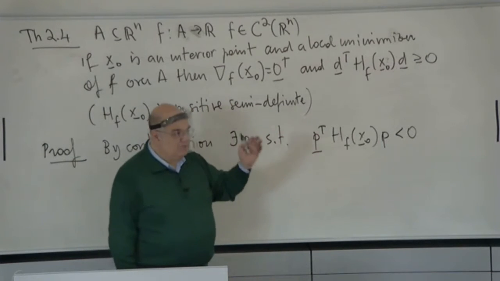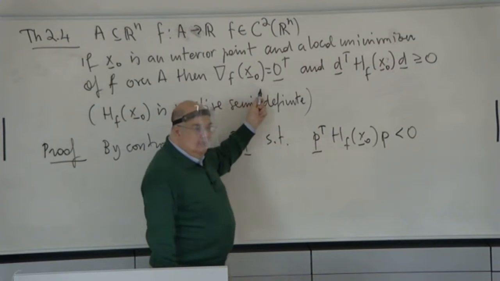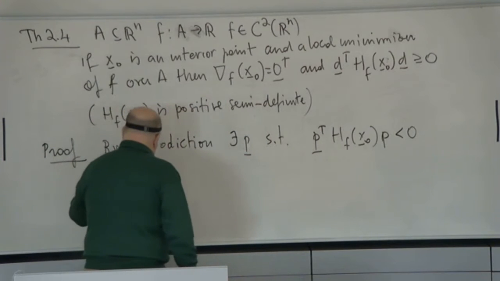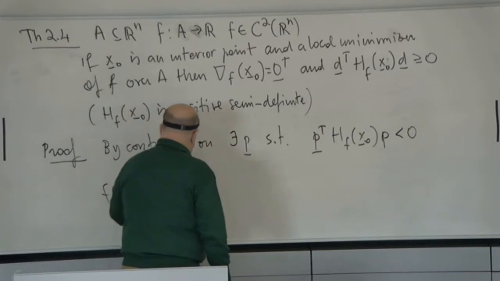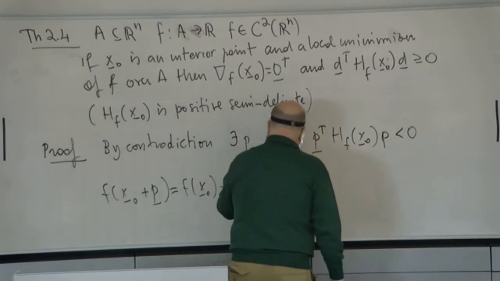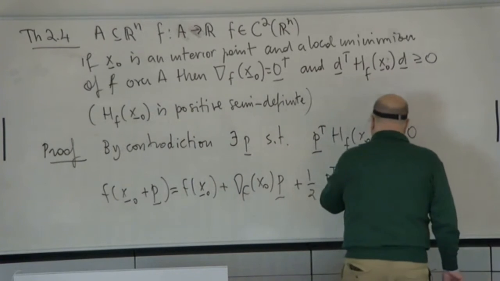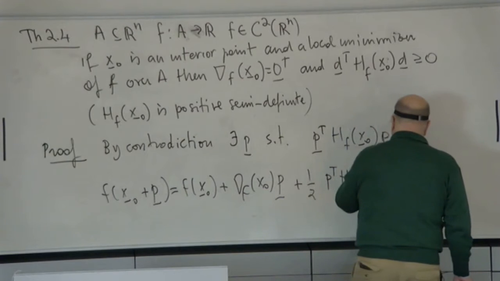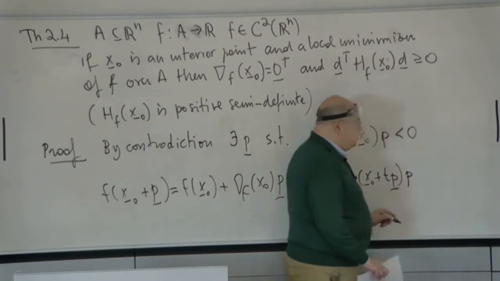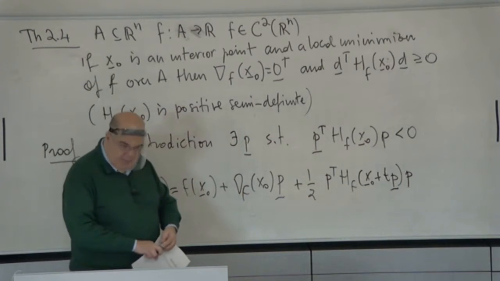So you write the expansion: the first term in the expansion is 0, so you don't consider it, and so you are left with f of x0 plus p equals f of x0 plus the gradient of f at x0 times p plus 1/2 p transpose Hf at x0 plus tp p. So again, the same trick we used before. And of course, this is 0.